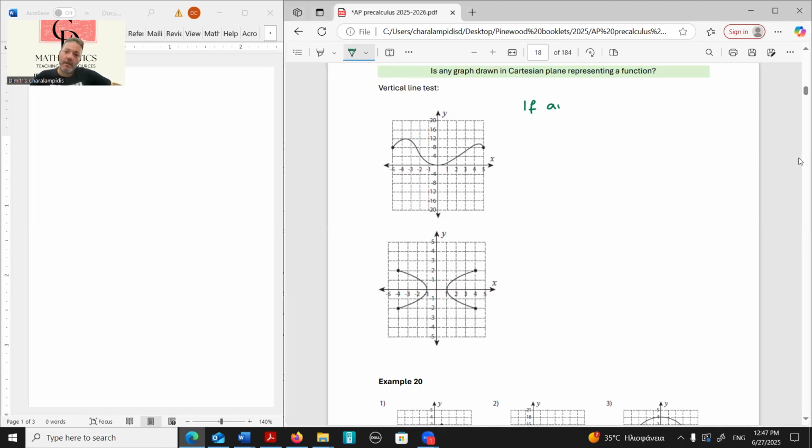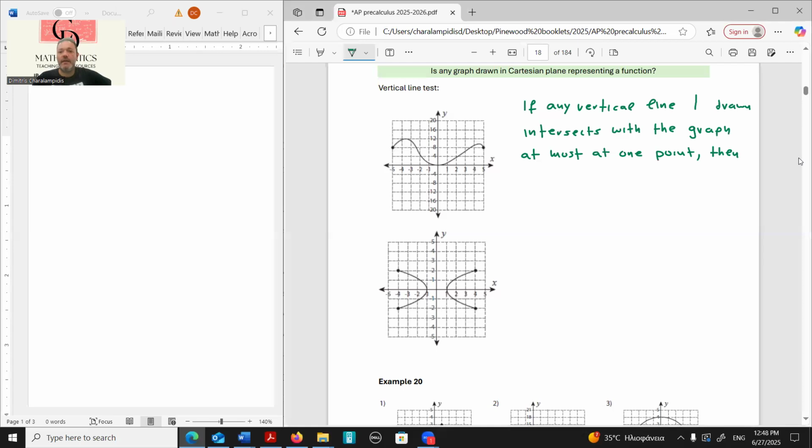If any vertical line, and I'm going to do this for vertical because some of you might not know that, sadly, if any vertical line drawn intersects with the graph at most at one point, then that graph is the graph of a function.